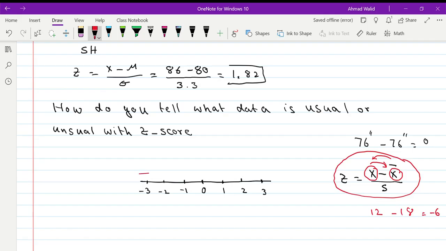Now, hopefully you remember, between 2 and -2, 2 standard deviations away from the mean, what did we call our data? Usual. Correct? Between 2 standard deviations we called our data usual, which was 95%, right?